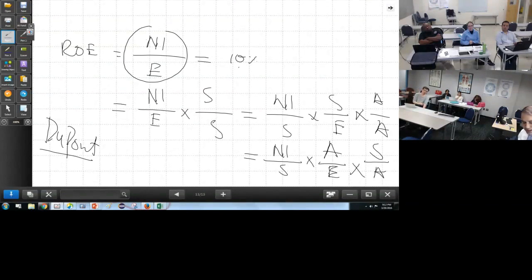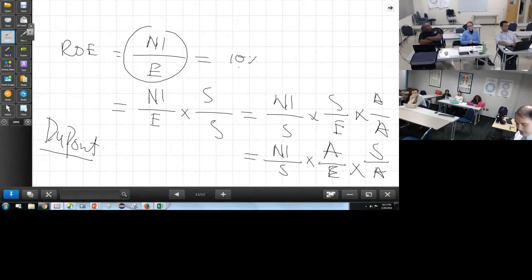That will be possible if we increase the sales and we increase the net income as well. But if we increase the sales, then this ratio is also going to increase. The asset turnover ratio will also increase. Again, keeping the equity constant, these other ratios will also be disturbed.